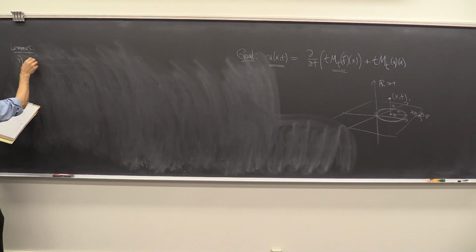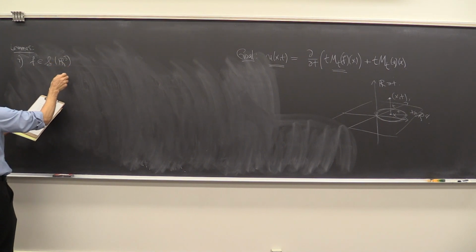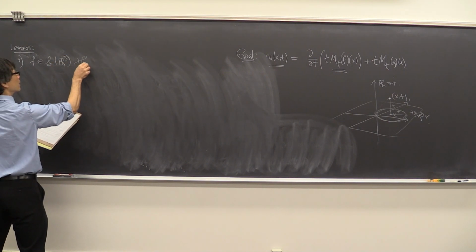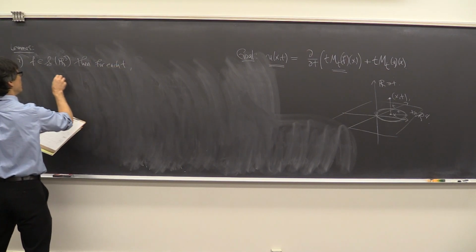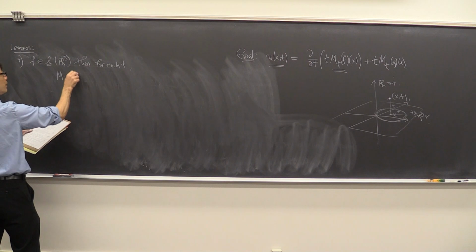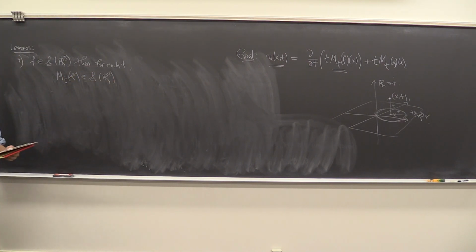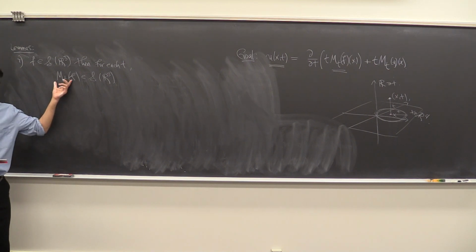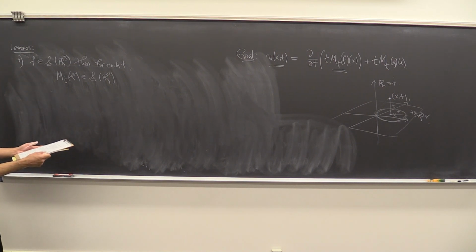First, for f in the Schwartz class, for each t, M_t f is still in the Schwartz class. Right? You're taking averages of the function over spheres, and that's still going to satisfy the decay and smoothness.